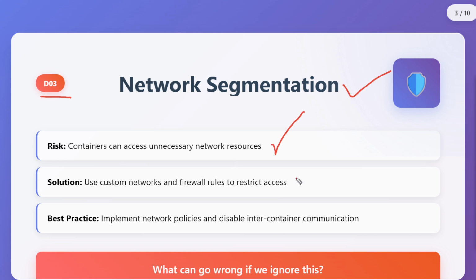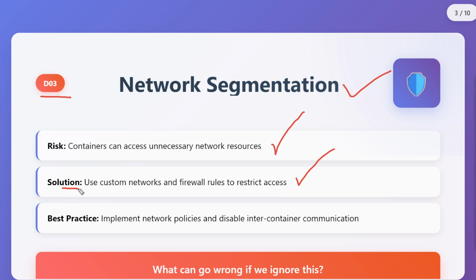The associated solution for this network segmentation, to prevent access to unauthorized networks, is implementing network policies. Sorry, I was reading the best practice in the solution part.